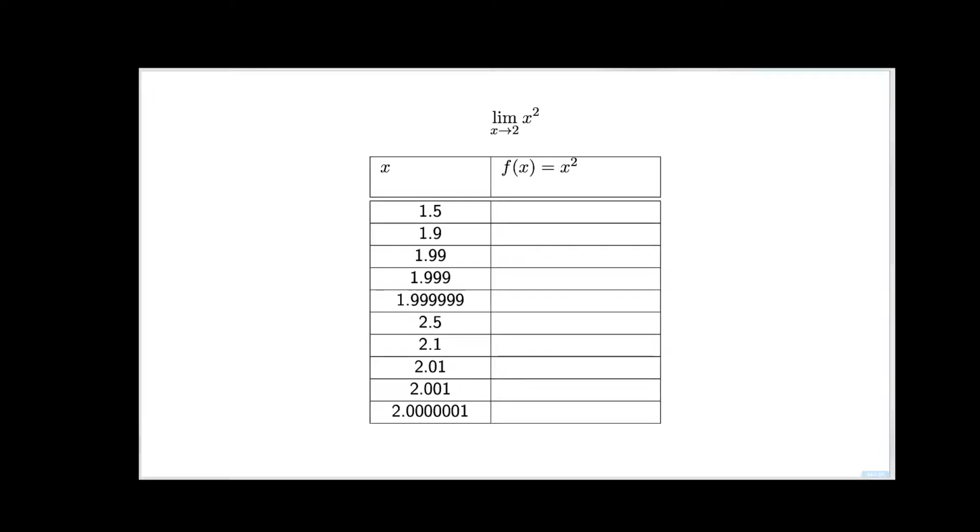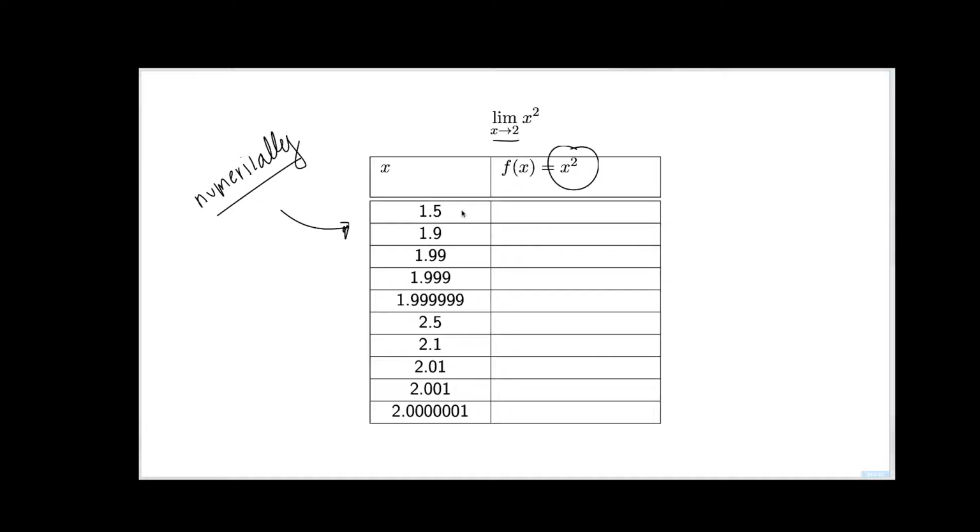I want us to look at the limit as x approaches 2 of the function x squared. We're going to start by investigating this limit numerically. Often, when we're investigating a limit numerically, it can be helpful to create a table of values. So what you can see here, I'm asking what happens to the value of the function x squared as x gets closer to 2.